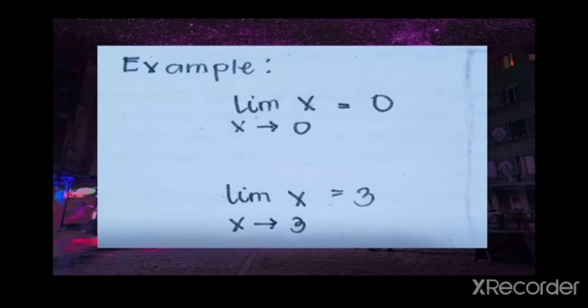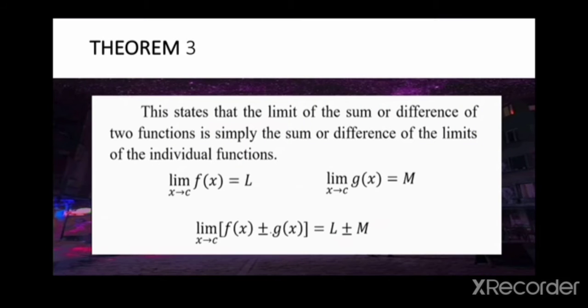Okay, another theorem is called the limit of the sum and difference of two functions. This states that the limit of the sum or difference of two functions is simply the sum or difference of the limits of the individual functions.